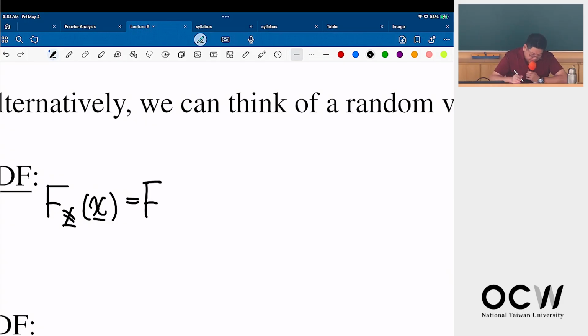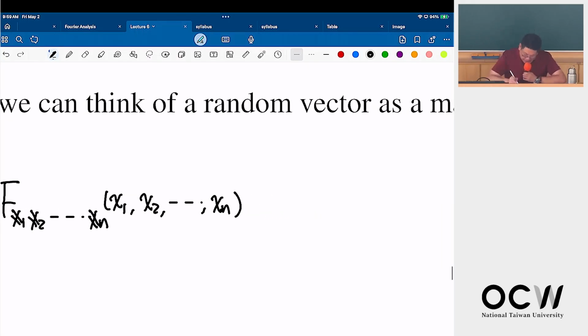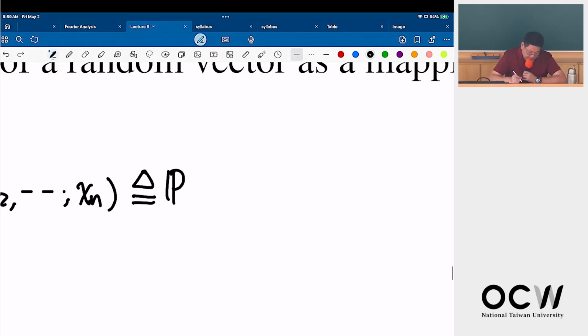That means my joint CDF of x1, x2 to xn, we define as a probability.